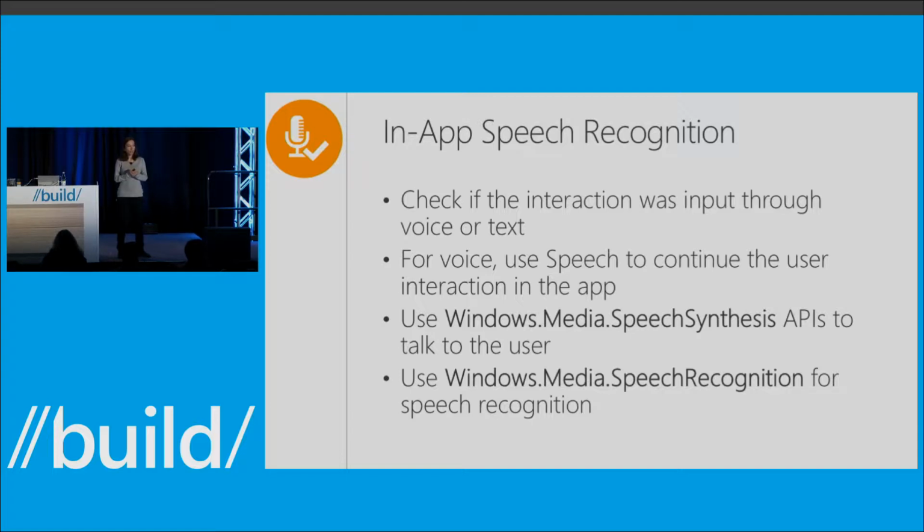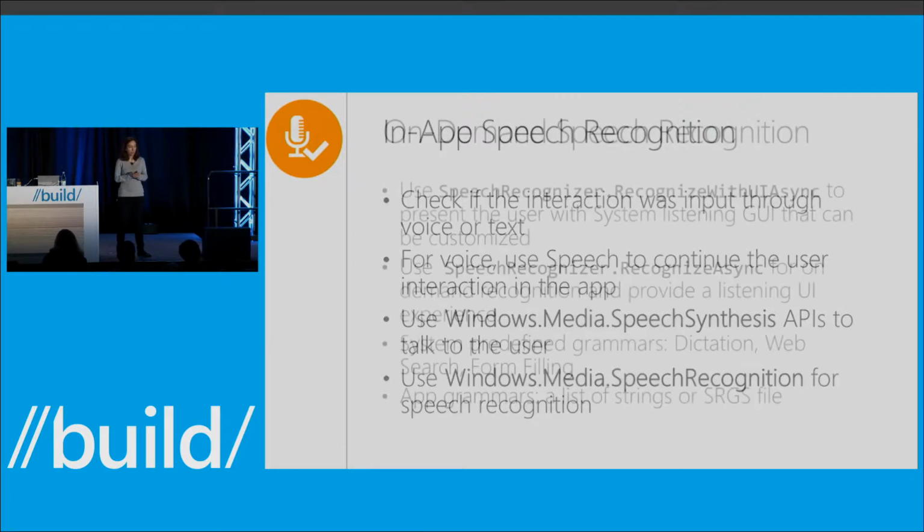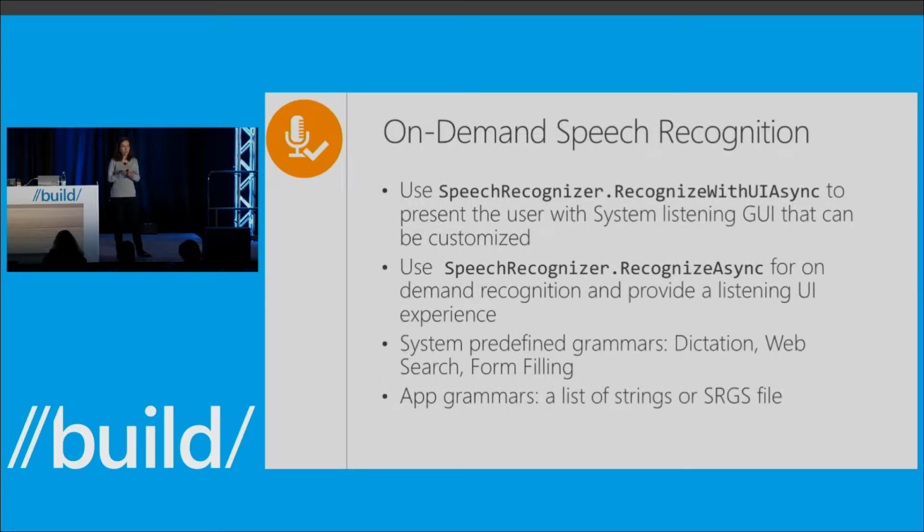And new on Windows 10, we are making the Windows Media Speech Recognition APIs available to Windows Universal applications. There are two scenarios that I want to highlight here for in-app speech recognition. First is on-demand speech recognition. This is a short recognition session that typically starts when the user takes an action, such as the press of a button.